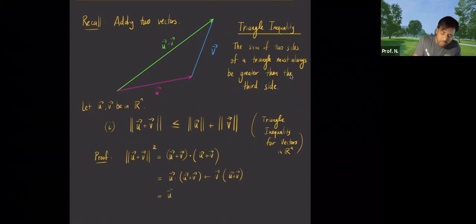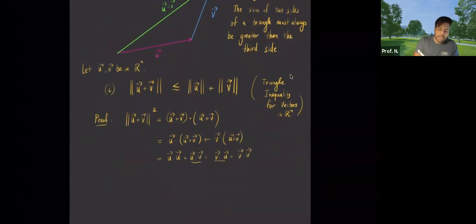I can do u dot u plus u dot v plus v dot u plus v dot v. But then one of the properties that we saw is that the order of the dot product doesn't matter. So I actually have this: I got u dot u plus 2u dot v plus v dot v, right?